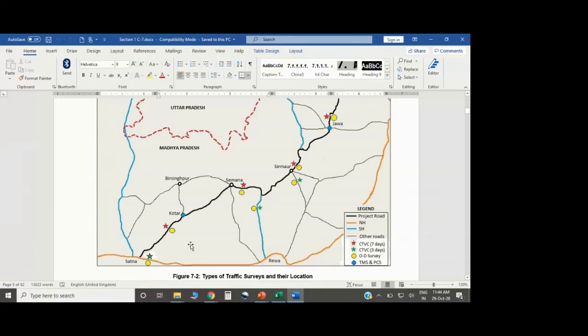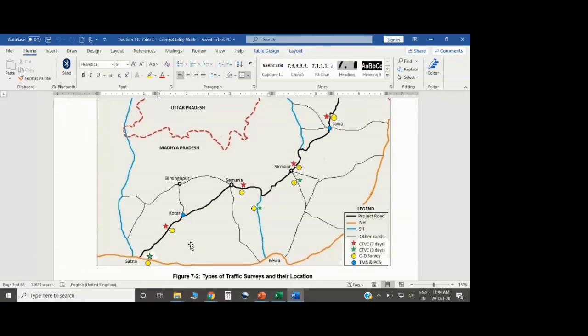So there is something called the project corridor, and there is something called the influence corridor. The project corridor is the road on which you are working and going to design, but the traffic on that road is not solely dependent on the existing traffic. It is also dependent on the road network around.